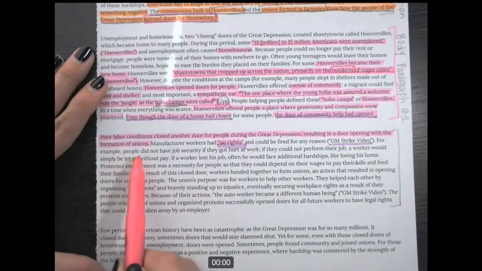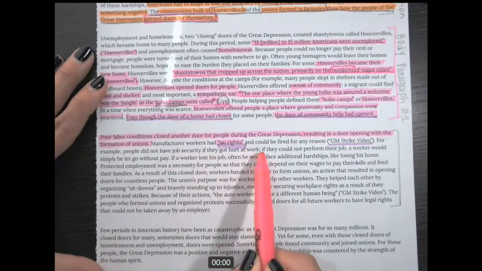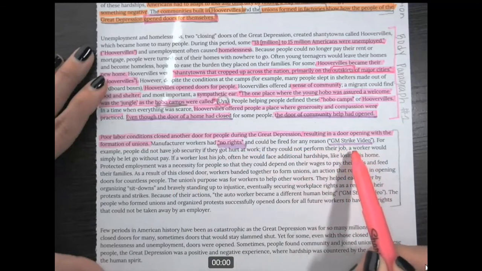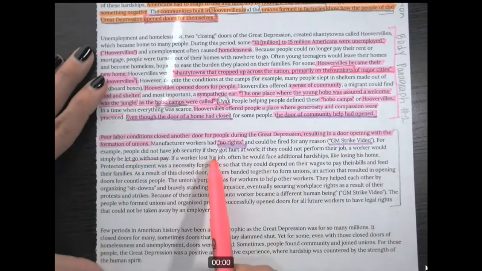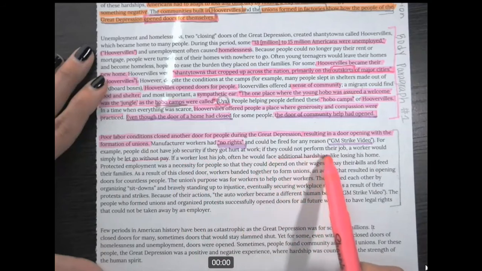For example, people did not have job security if they got hurt at work. If they could not perform their job, a worker would simply be let go without pay. If a worker lost his job, often he would face additional hardships like losing his home.